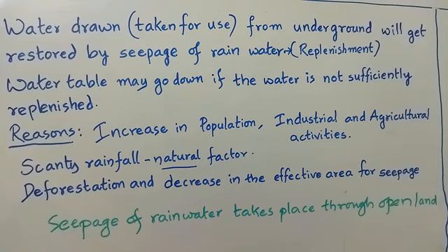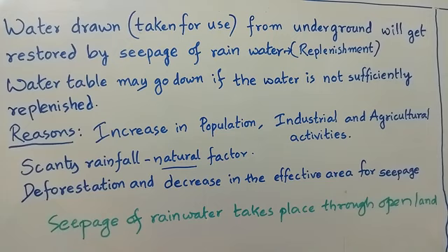So finally, two points are very clear. We are consuming more groundwater and we are not allowing it to get replenished. We are allowing only lesser water to seep into the ground.